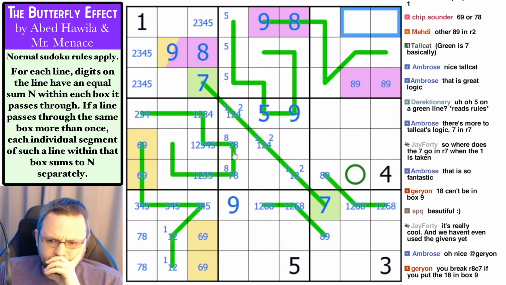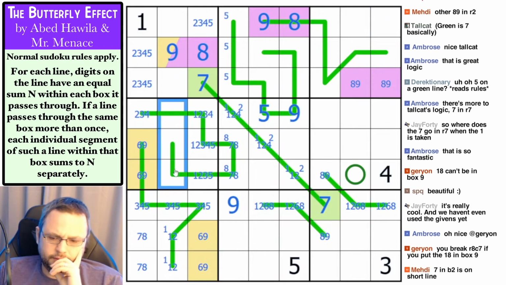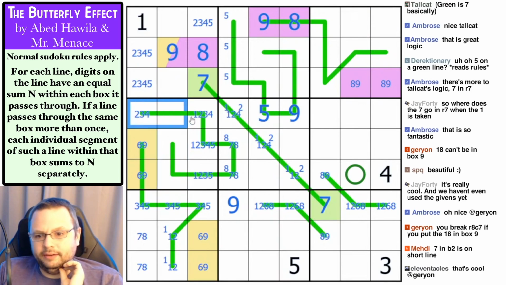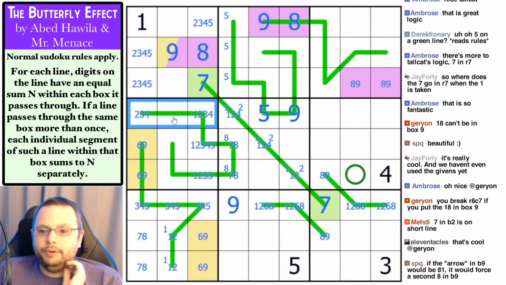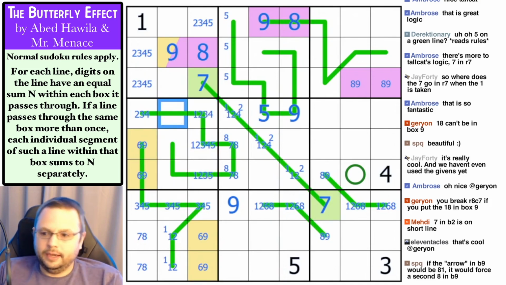Let's see. Okay, so there is an 8 on one of these. I have to put an 8 and a 7 on these lines. I can't put the 8 and the 7 both on the same line. So this has to be a 7 or an 8. There's no choice.